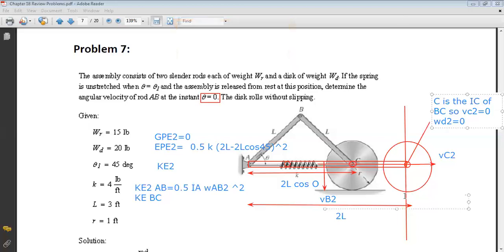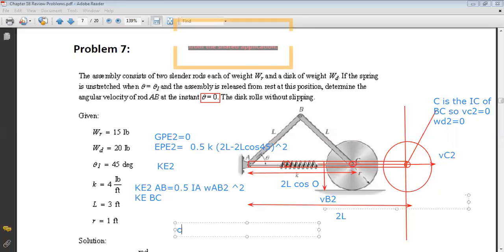Because I found that the IC is here, I can say that VB2 is equal to omega of BC at state 2 times the distance between B and C, which is L. So you can deduce that omega BC at state 2 is equal to VB2 over L, which is equal in magnitude to omega of AB, but opposite in direction.